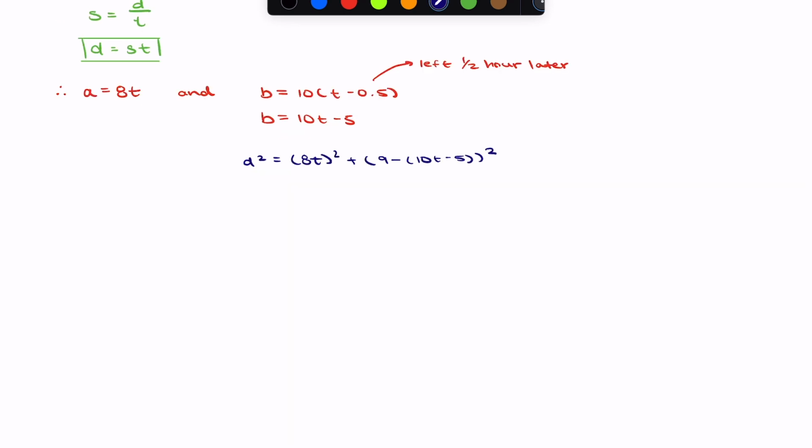So here, if we expand this, d squared is equal to 64t squared plus 14 minus 10t squared.